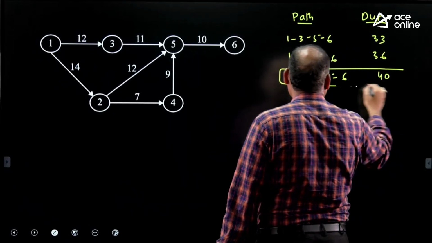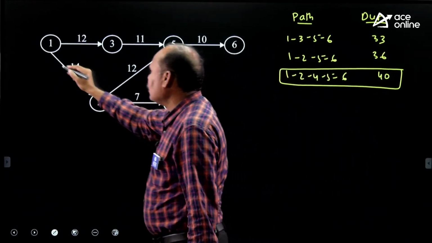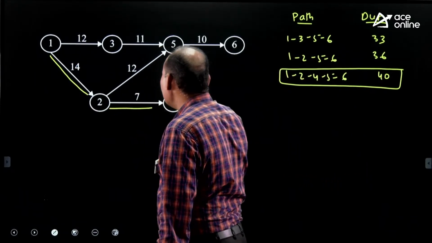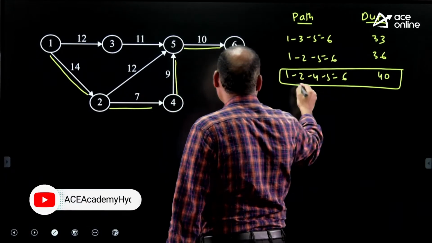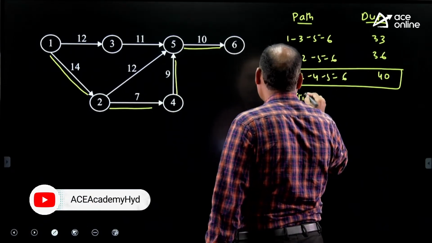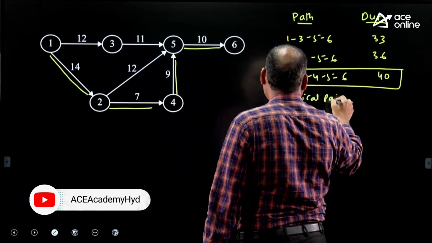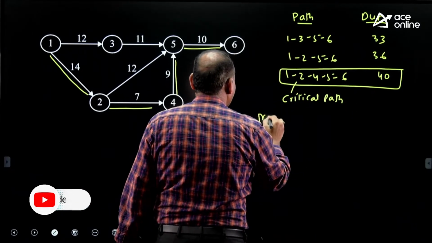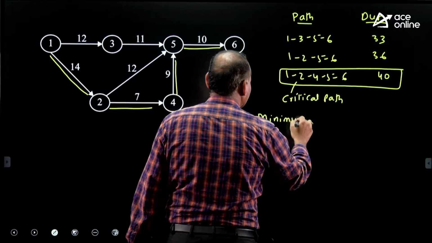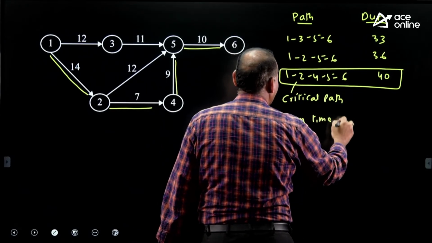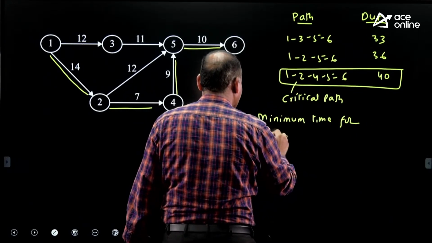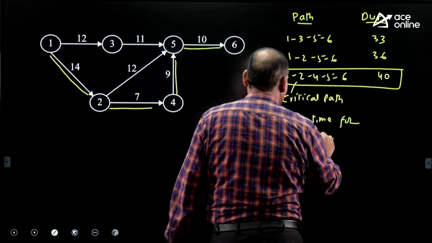So longest path is 1, 2, 4, 5, 6. This is critical path. So minimum time for the project completion is equal to 40 days.